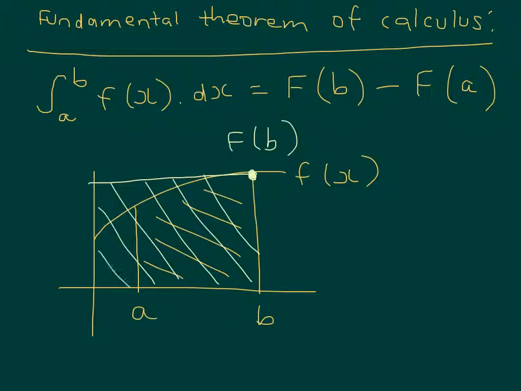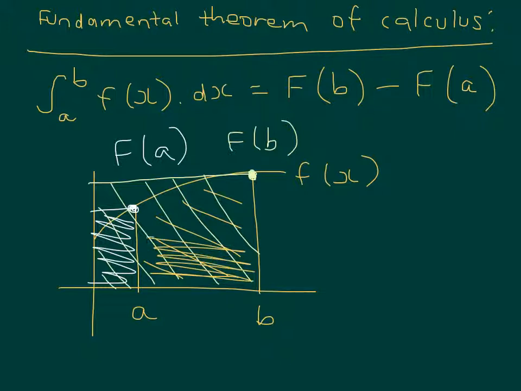But I don't want all of that area there. I only want it between A and B. So if I change it to white and I find f of A in the rectangle, that's that area there. So the difference between the two is the bit that I want, which is this area just in the middle here.